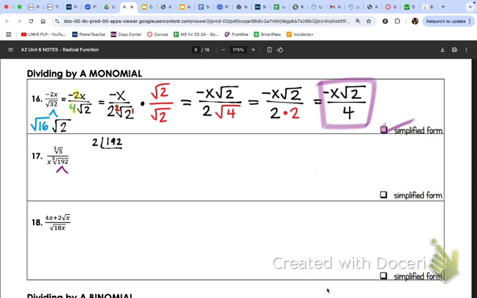What would that be? 96. Okay, 2, since it's even again. 48. 24, also even. 12, also even. 2, 6. What will come next? 3. 3 is a prime number, so it divides by itself.